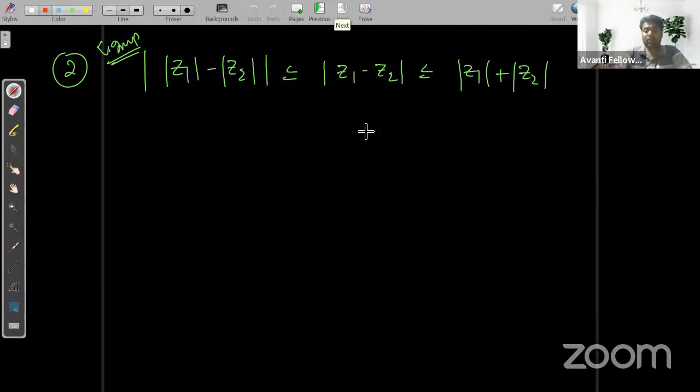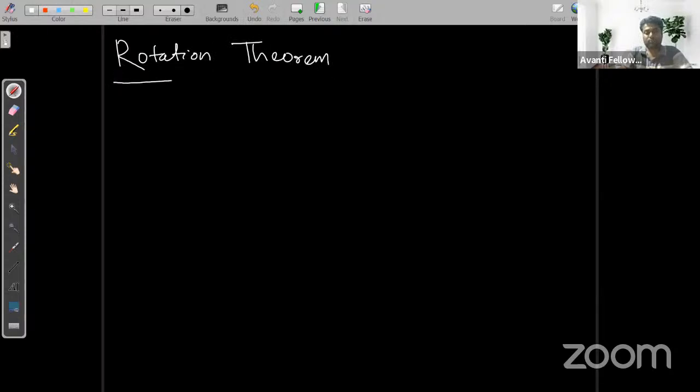Now we'll go through the rotation theorem. So what does the rotation theorem say? Suppose you have a complex number Z1 whose Euler form is R into e to the power I alpha. Can we represent it in the Argand plane?